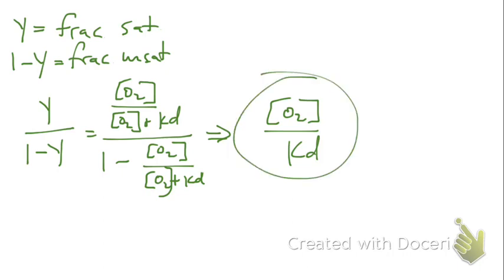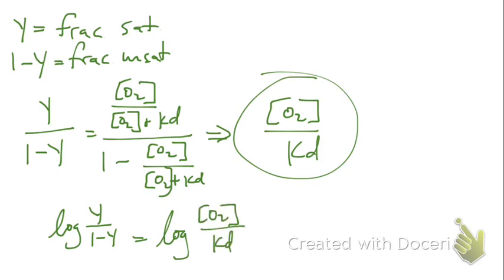And so then you said in class, and it was absolutely correct, that to make a hyperbolic curve linear, you need to take the log of it. So we can have log of Y over 1 minus Y is equal to log of O2 over KD.